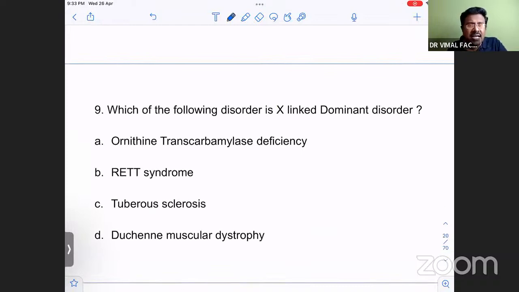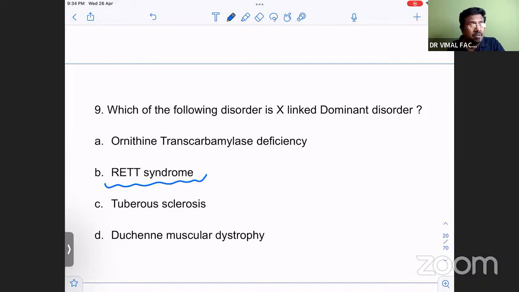Which of the following is an X-linked dominant disorder? By this time you must be thorough about autosomal dominant, autosomal recessive and these things. Out of the following options, the X-linked dominant disorder is Rett syndrome.